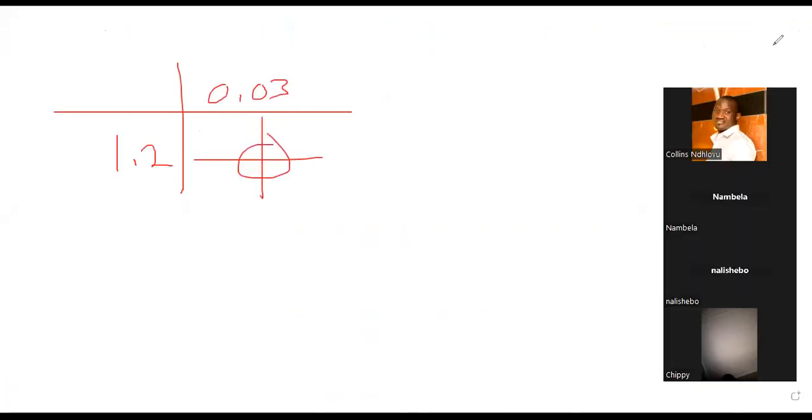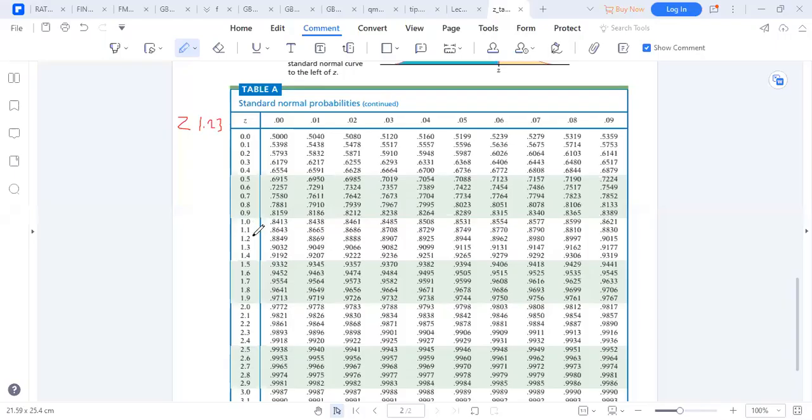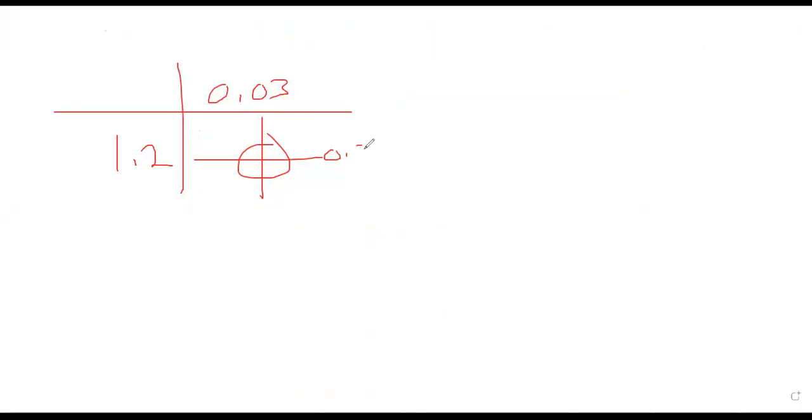Are we together? I'll do this one and you help me with the other ones. So 1.2 is here and 0.03 is there. So they're meeting at a probability of 0.8907. So meaning if my Z is 1.23, the probability is 0.8907.